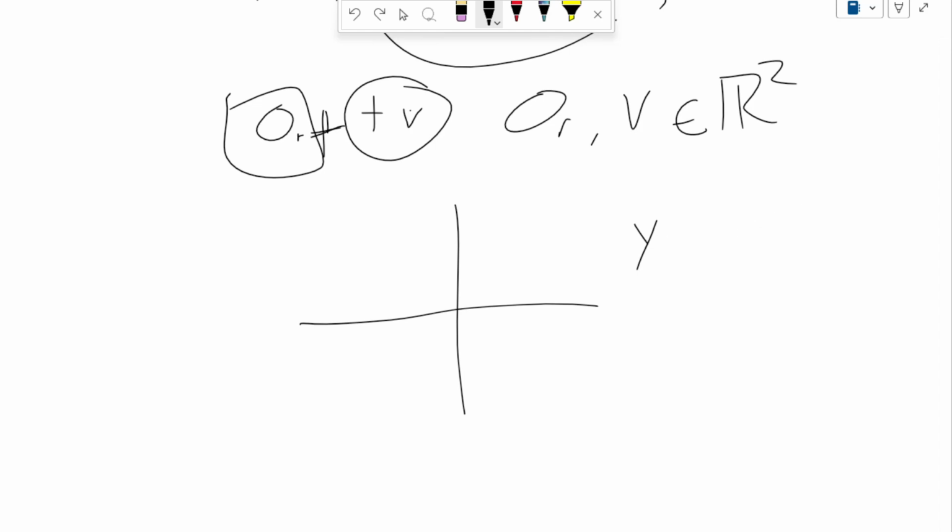We need something more general, right? But what we can do is say, okay, pick a point that we're going to start at, say here. Now pick a direction we want to go in, say this direction. Now just take the initial starting point that we've got here and add all the points that go in the same direction as the vector and all the points that go in the opposite direction of the vector.